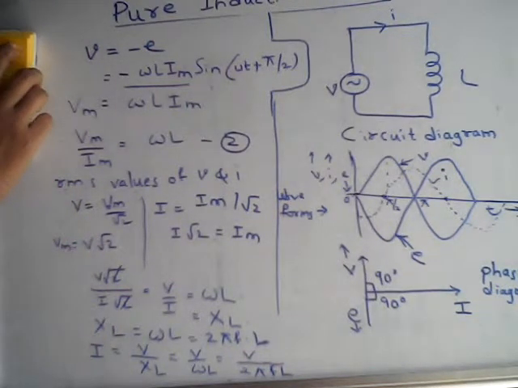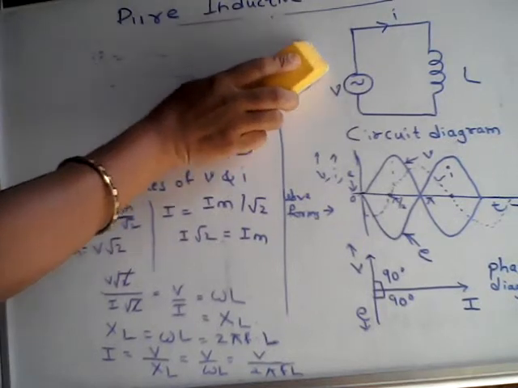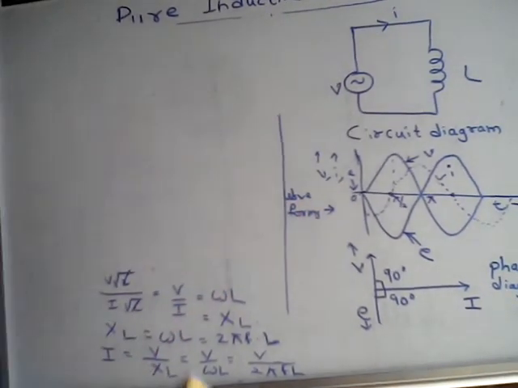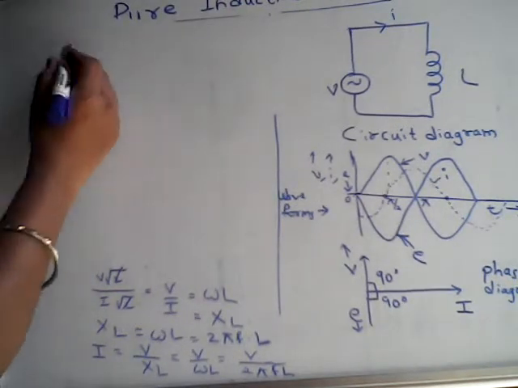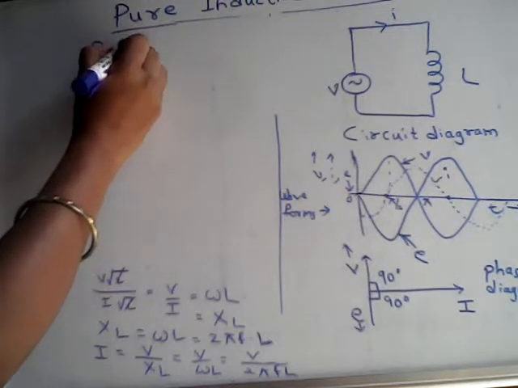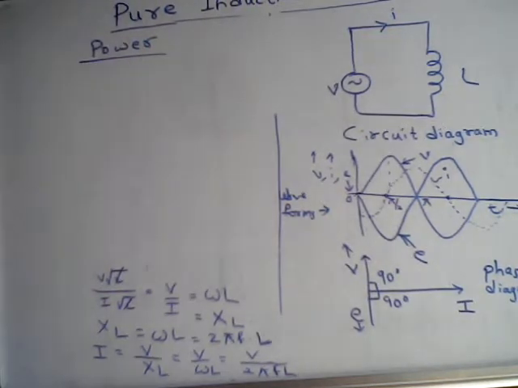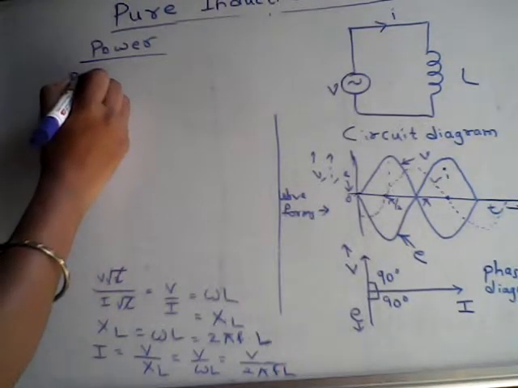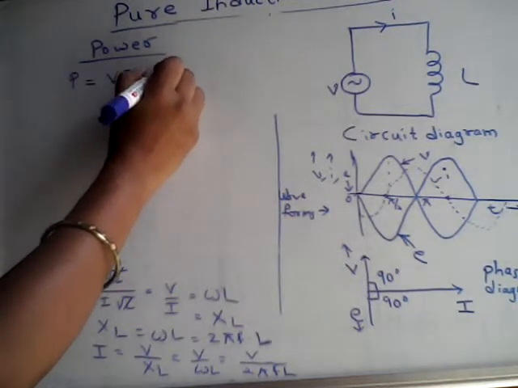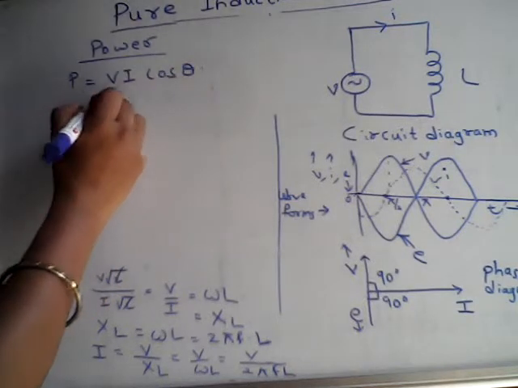Now let us consider the power. The power is given by P, equal to the product of V with I into cos of theta.